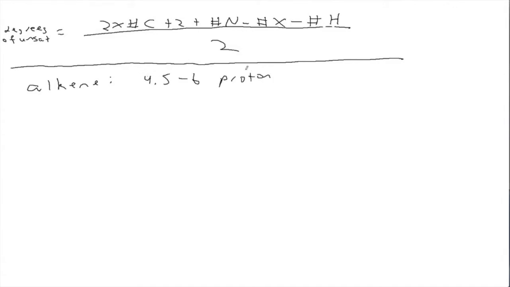Now, that only occurs if there's actually a hydrogen on one of the alkene carbons. If there was an alkene with no hydrogens on the alkene carbons, this wouldn't work. But this is the most distinctive. Why am I focusing on this? I think one of you also mentioned the 1.7 from the right-hand column. Do you see how that's not helpful, though? Because that could be many different things.